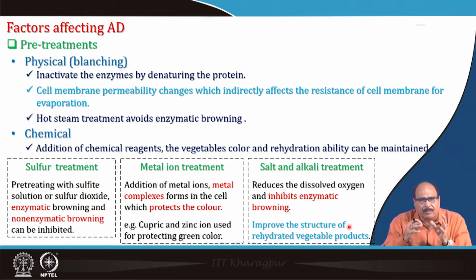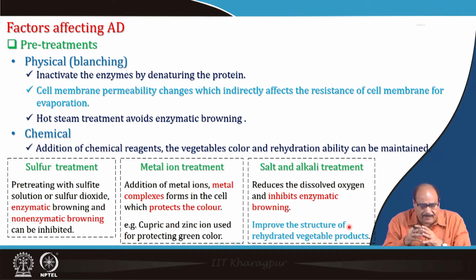So it can be either physical treatment or even chemical treatments are sometimes given, depending upon the fruits and vegetables being dried, like sulfur dioxide treatment, that is in the form of KMS, potassium metabisulfite. So basically the sulfur dioxide treatment is given to control both enzymatic as well as non-enzymatic browning reactions.